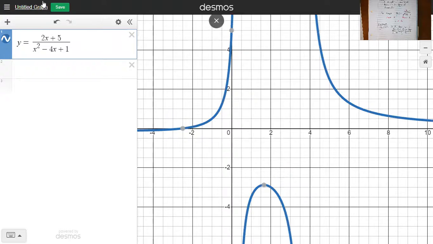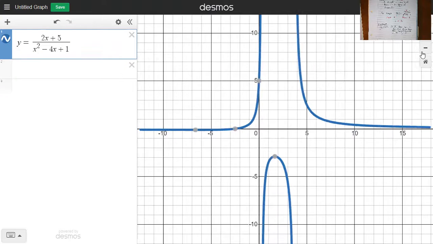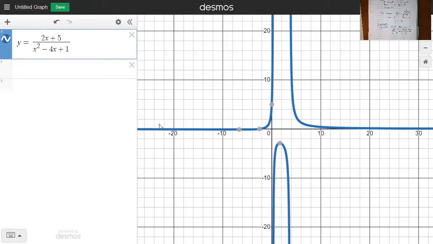So there's our graph. As I go out this part of my graph, I'm approaching but not quite touching the x-axis. And the same thing happens here. So the x-axis is indeed a horizontal asymptote.